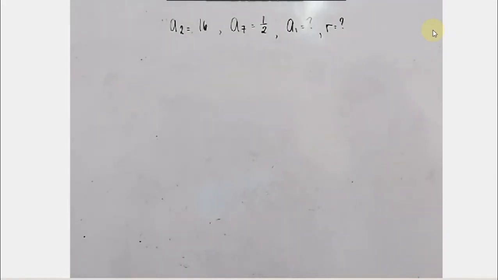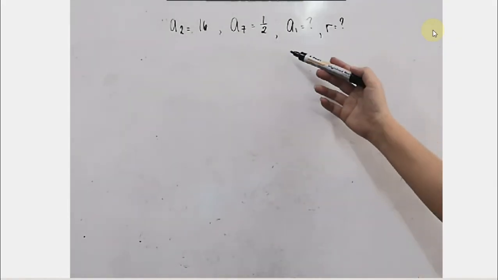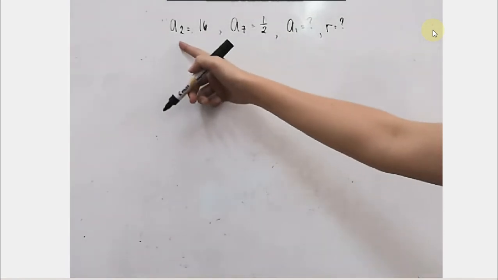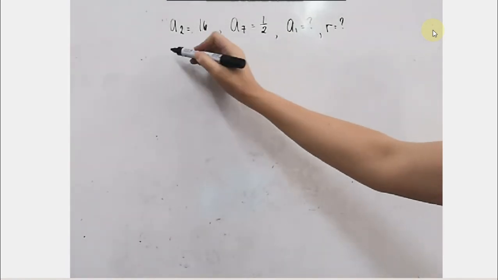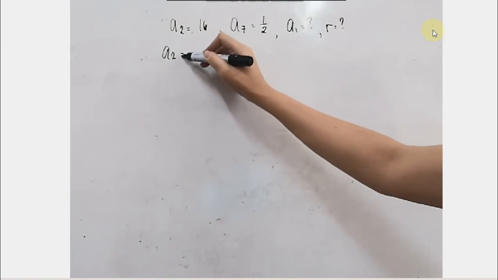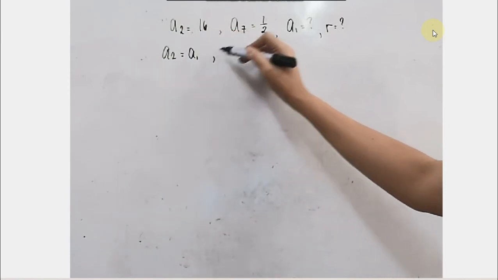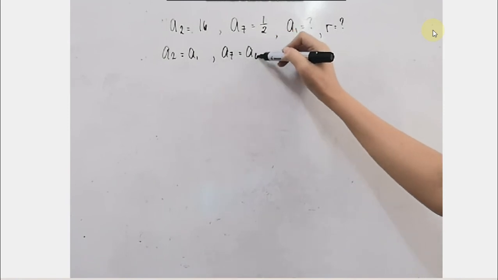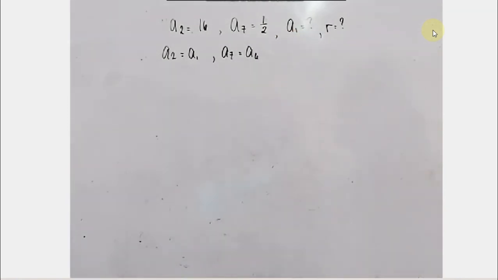Now we are going to try to find a sub 1 and our common ratio using the given. For us to make it easier to solve, we are going to equate a sub 2 as our a sub 1 and a sub 7 to a sub 6, so it's easier later on. Okay?